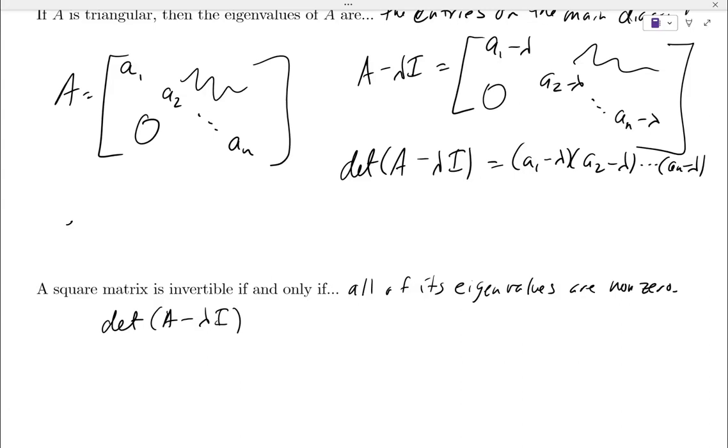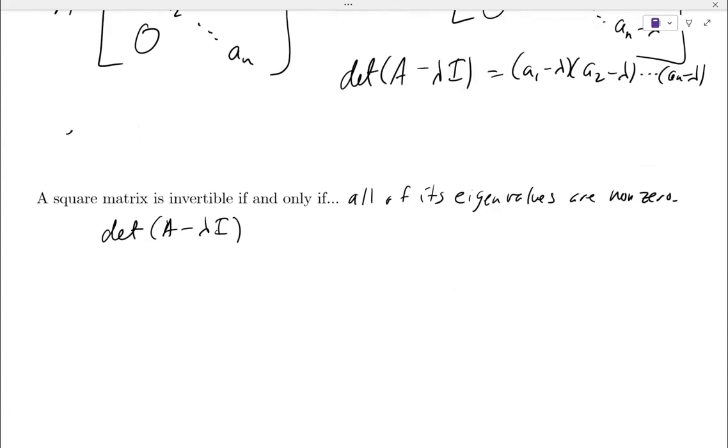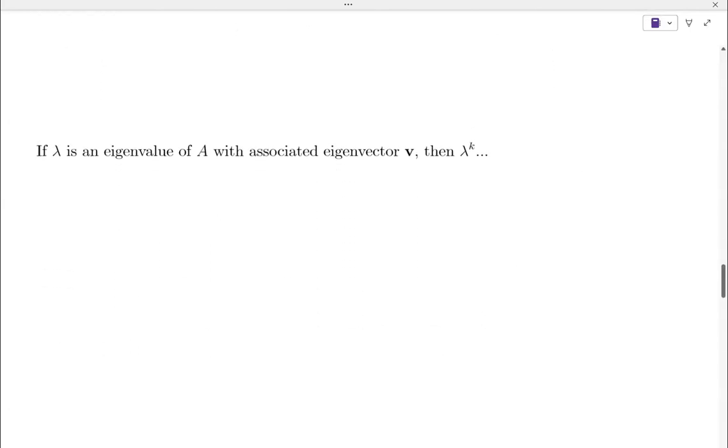If the matrix is invertible, then I cannot get the determinant of A minus 0I equals 0, because that would say the determinant of A is 0, which we know it's not if it's invertible. So that argument tells us that it's invertible if and only if all the eigenvalues are non-zero. Unfortunately, I can't say much about the eigenvectors. We always have to go calculate those.